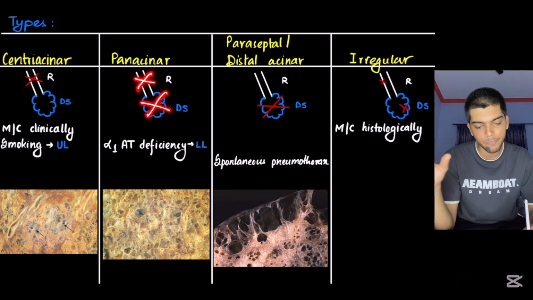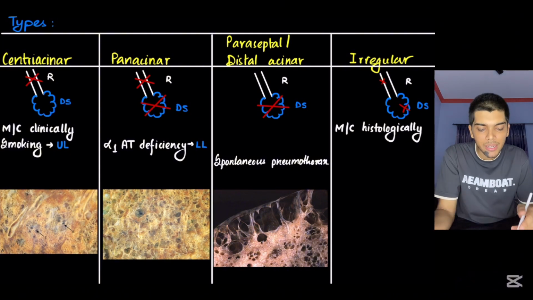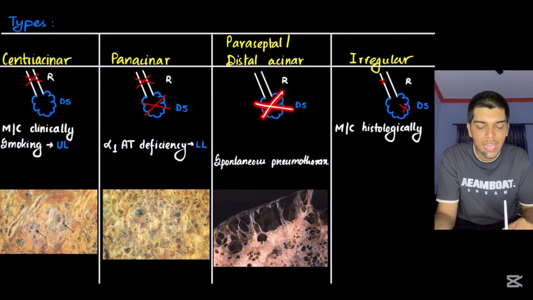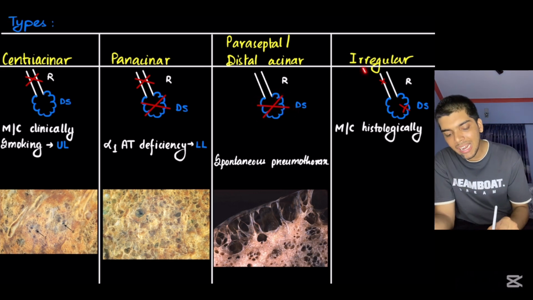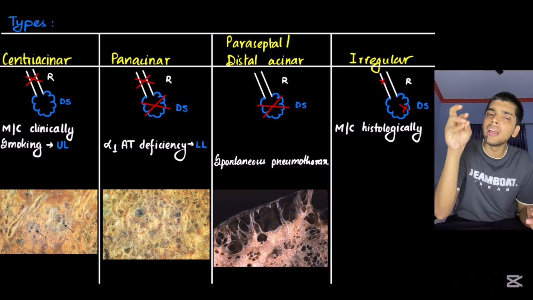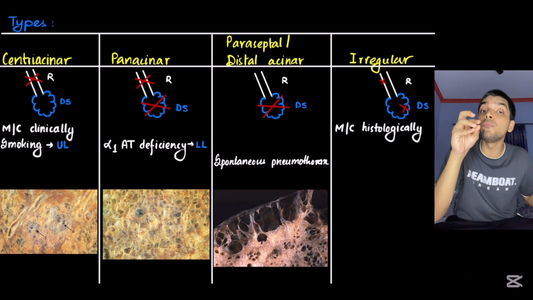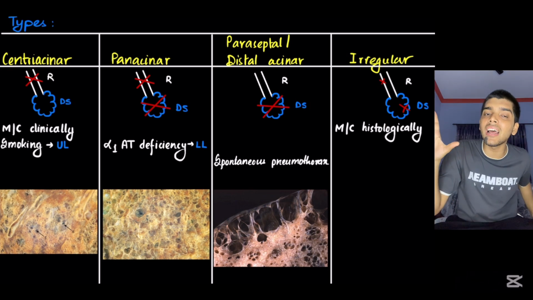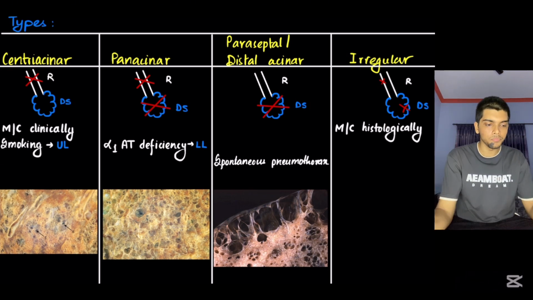Distal acinar means the distal part of the acinus is affected, that is the alveolar duct and sac, and the respiratory bronchiole is spared. Irregular emphysema means there is irregular involvement. Somewhere the alveolar duct and sac are involved, somewhere the respiratory bronchiole is involved.